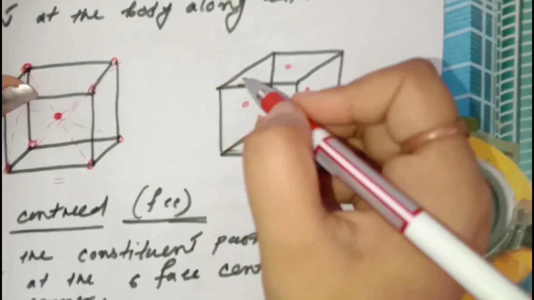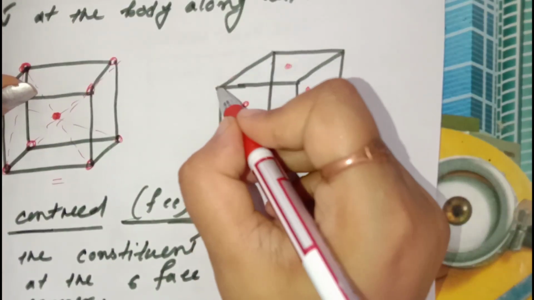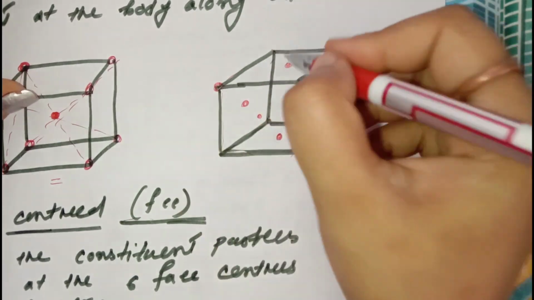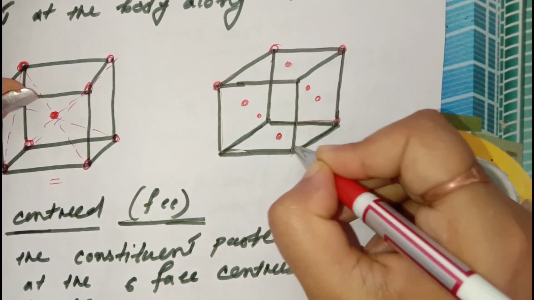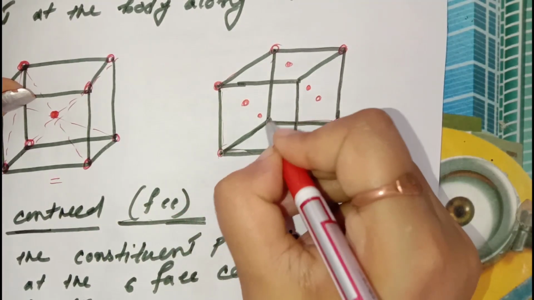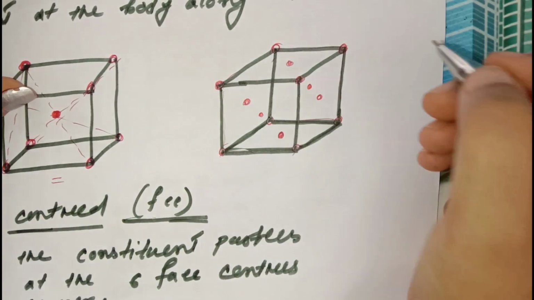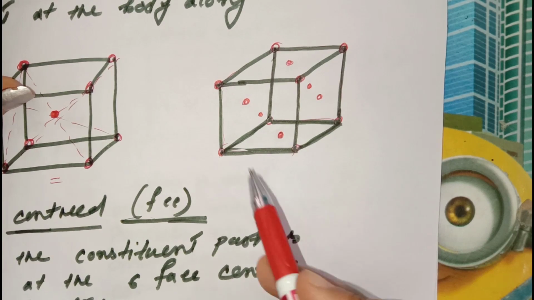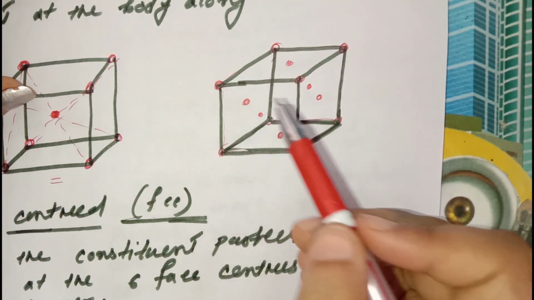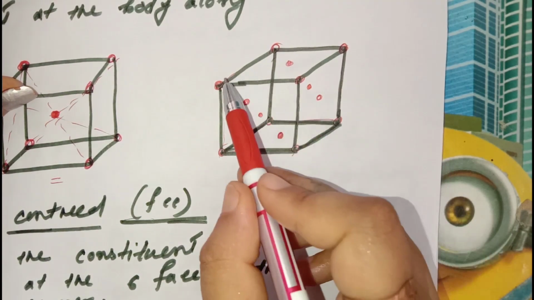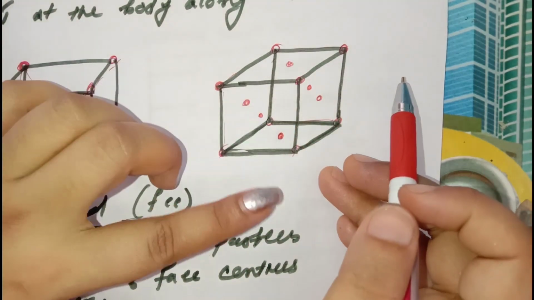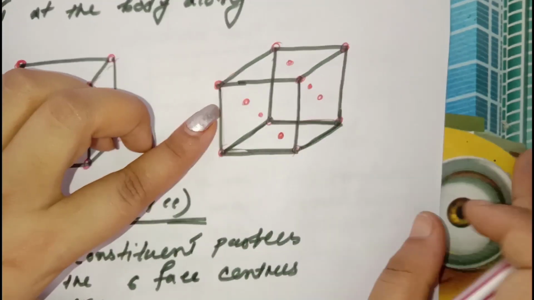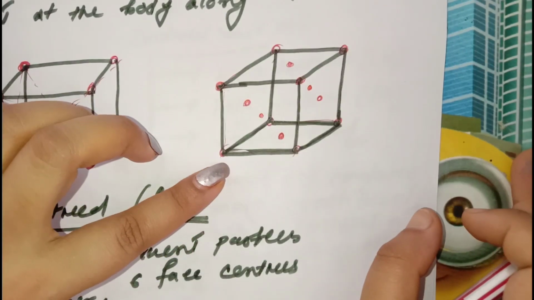Okay, and other atoms are present at the 8 corners. 1 2 3 4 5 6 7 and 8. So when the constituent particles are present not only at the 8 corner positions but also at the center of the 6 faces, this type of unit cell is known as face centered unit cell.